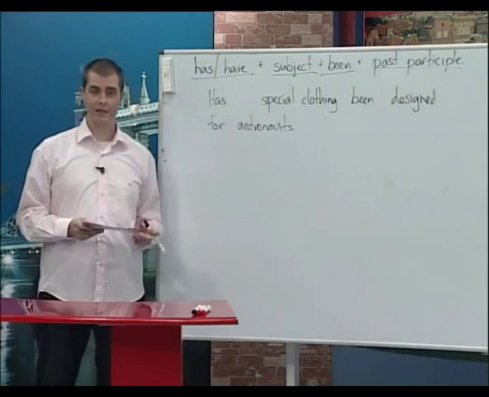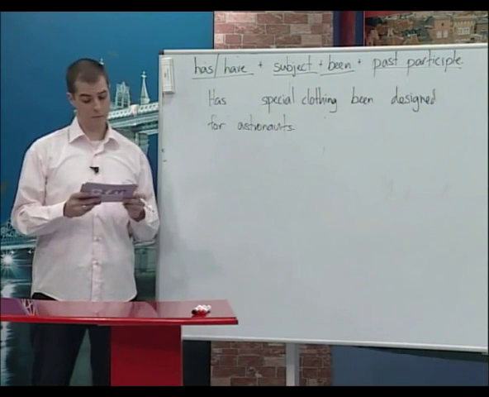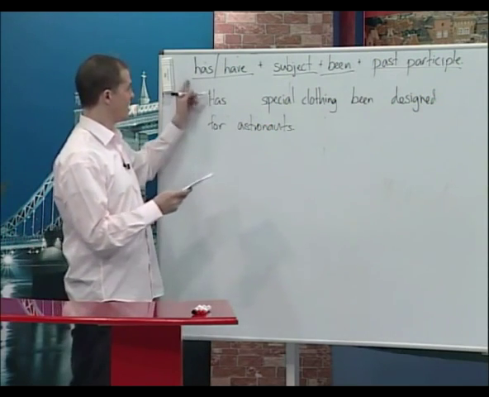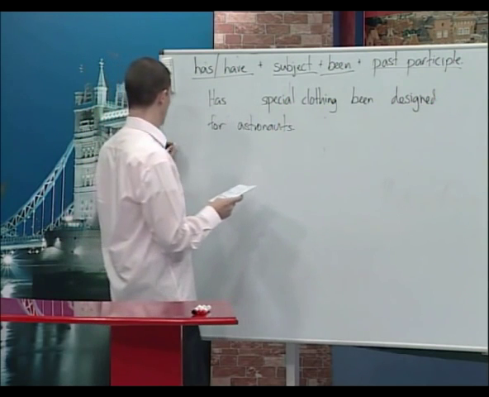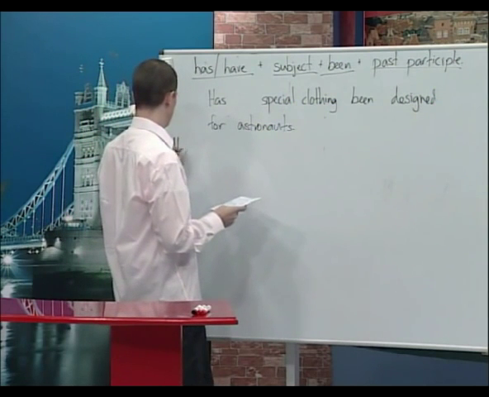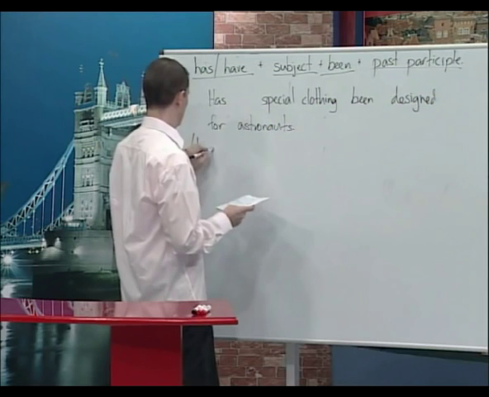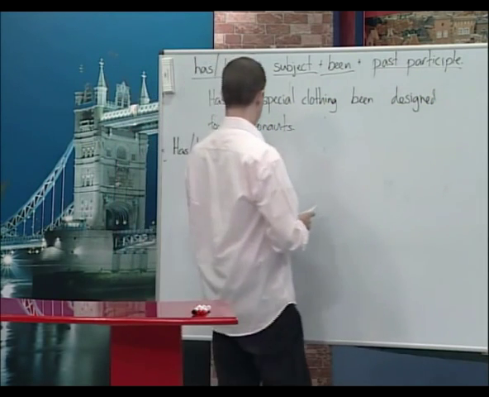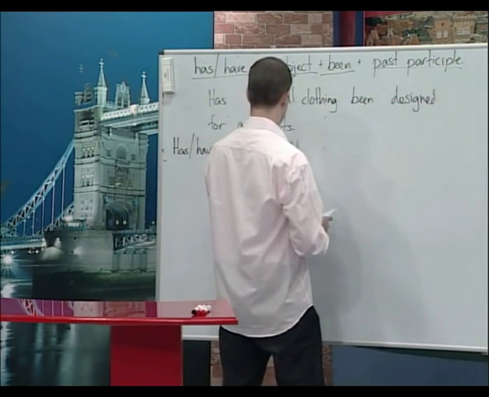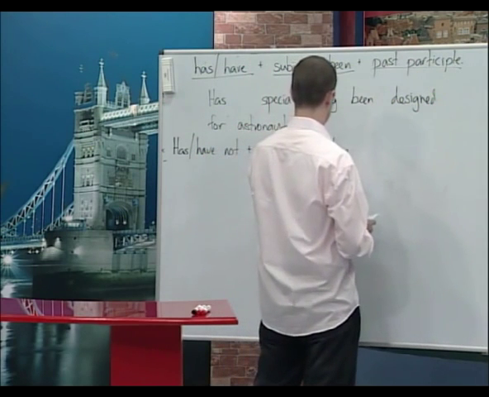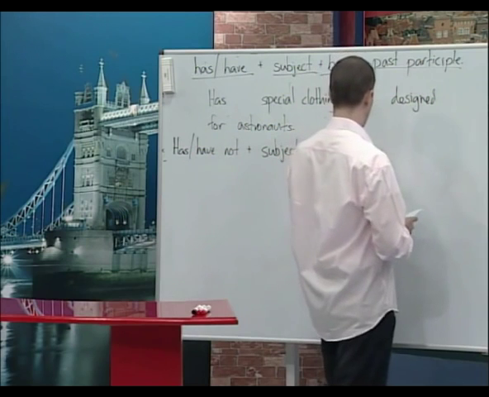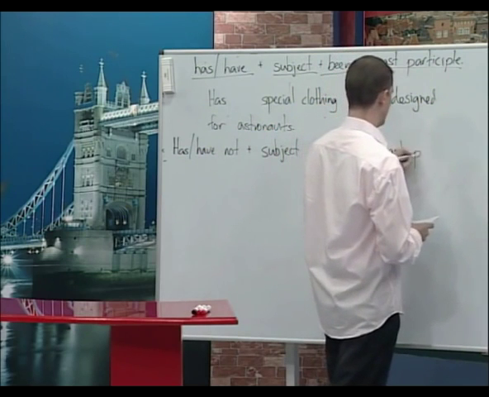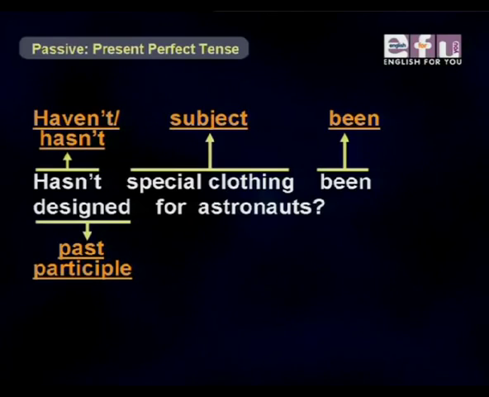And to form a negative yes-no question, we just use has or have not. So, has or have not plus subject plus been plus past participle. Okay. Hasn't. Subject, special clothing.